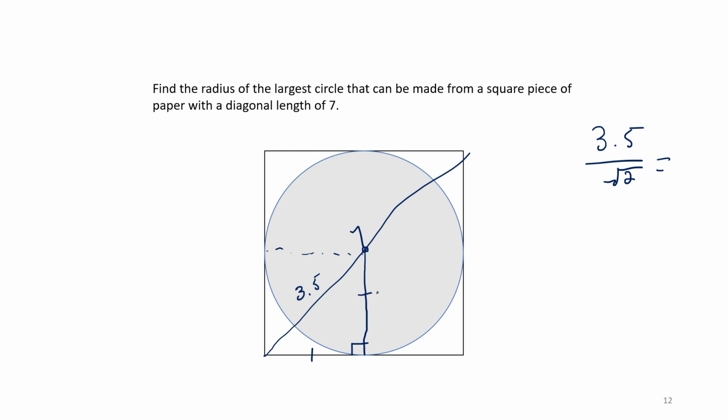So we'll call this x and x. And it's the same as earlier, that x squared plus x squared equals 3.5 squared. So root 2 x squared equals 3.5.